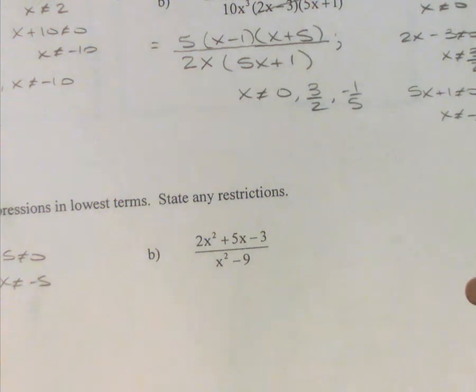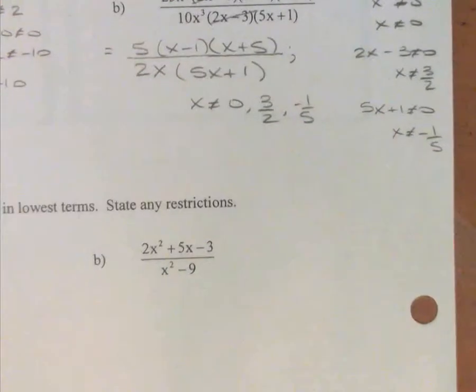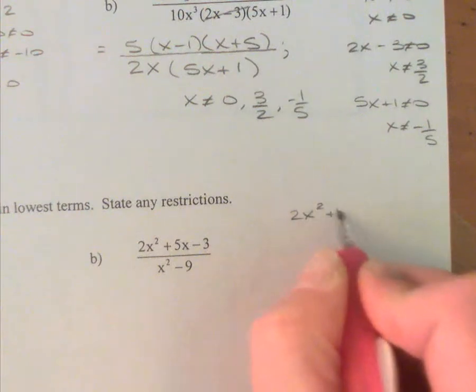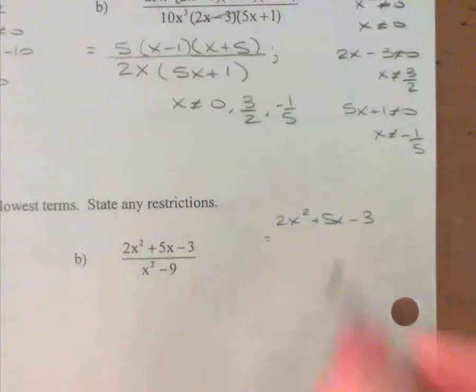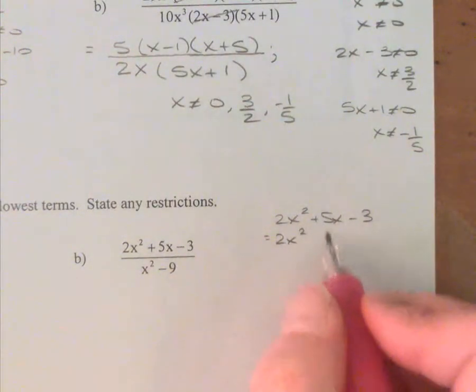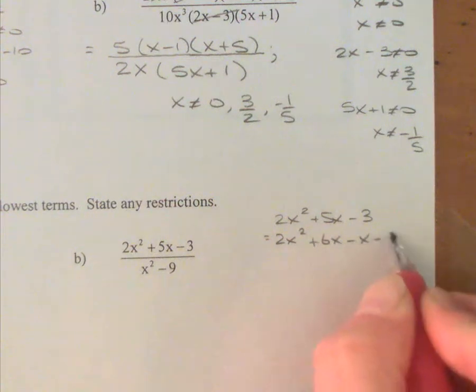Again, we need to factor first before we're able to do the question. I'm going to factor over to the side just to save space. So I need to factor 2x squared plus 5x minus 3. So if I look, I have 2x squared plus 6x minus 1x minus 3.